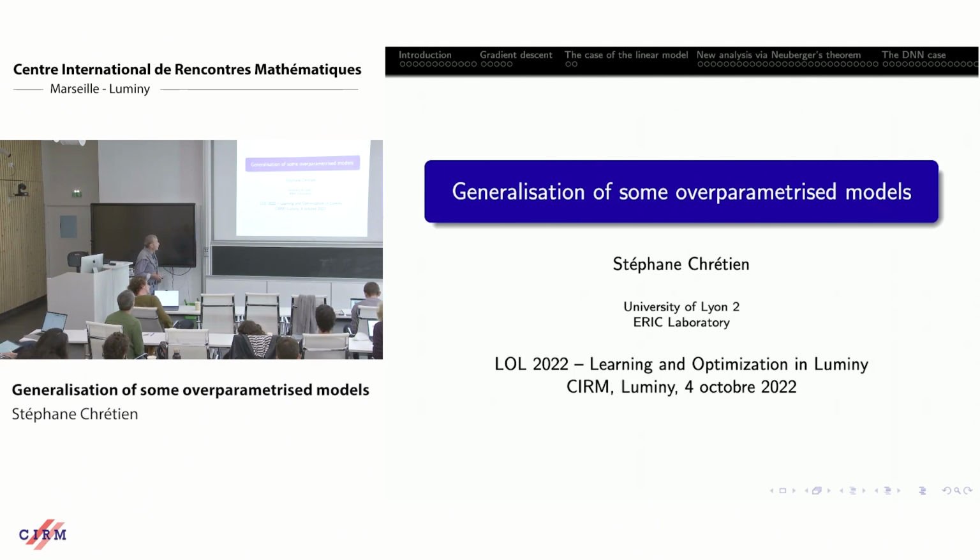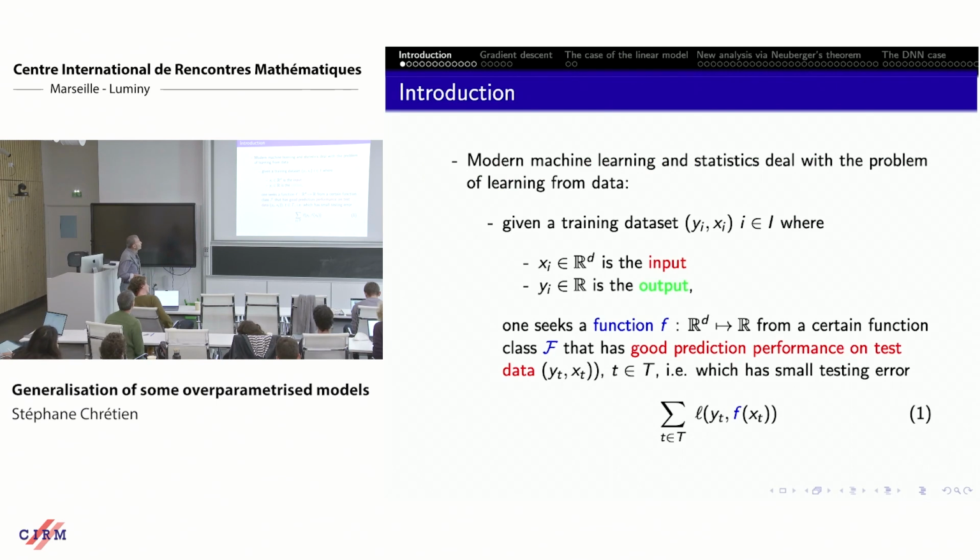So what we are all interested in is to find a function from an input to an output, and we would like this function to have good prediction performance. For instance, we often use a test set in order to try and assess the quality of the function we've estimated.